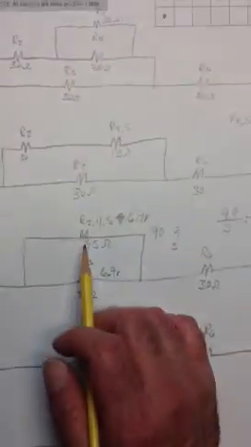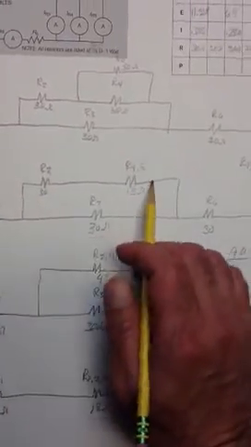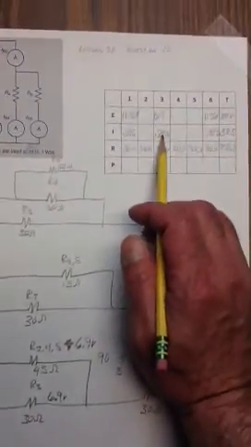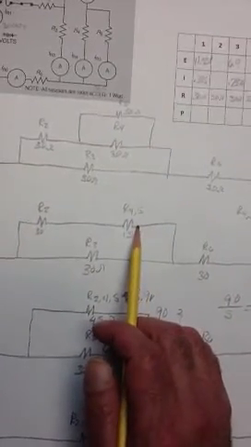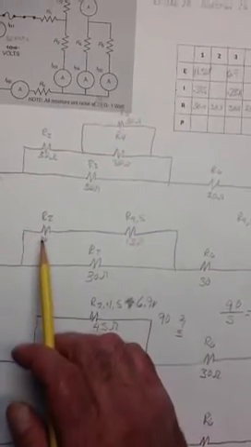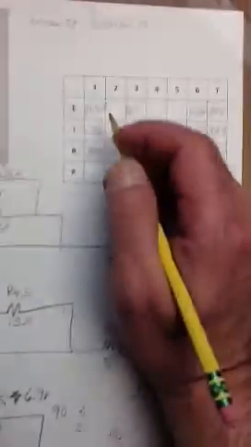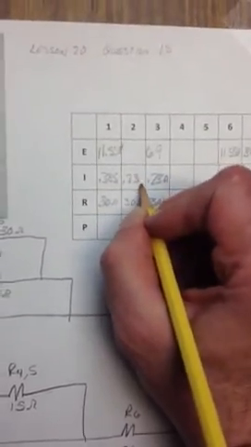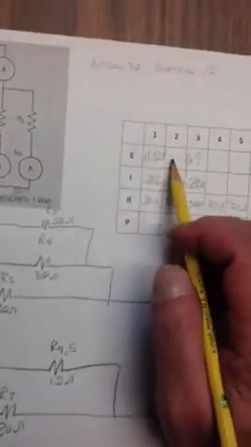Now, since this represents a parallel portion up here, that means I'm going to have 0.23 amps at both of these locations. So we got 0.23 amps here at R2. I could write that in, since that's a complete number there. And I can also solve for voltage there. Let's go ahead and do that.